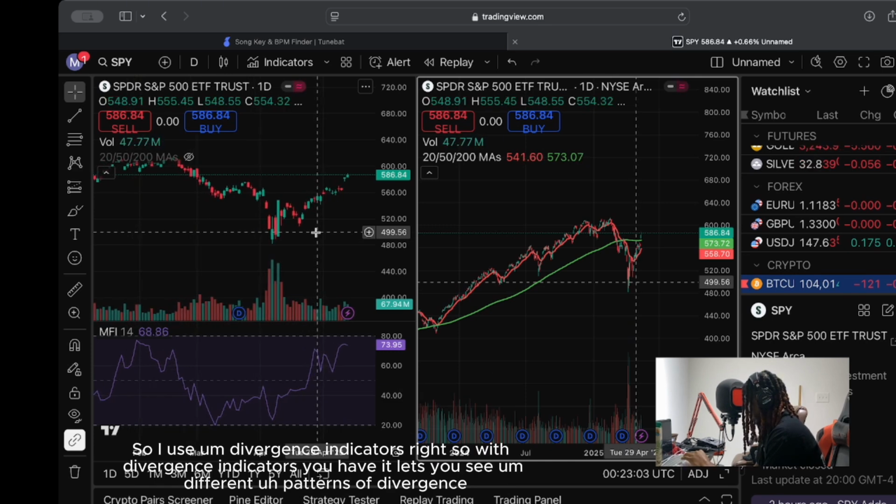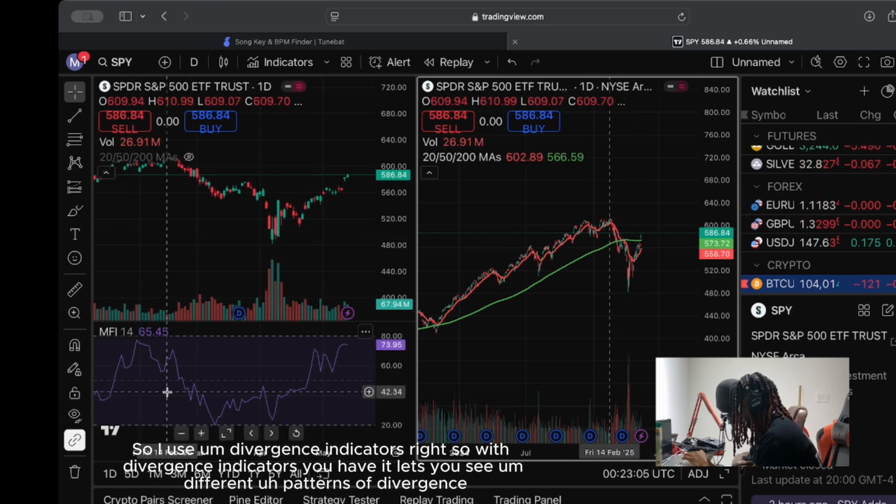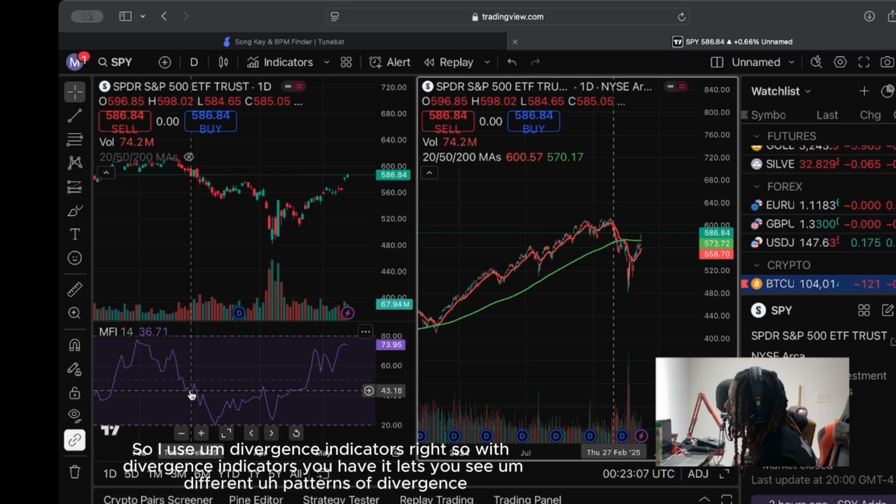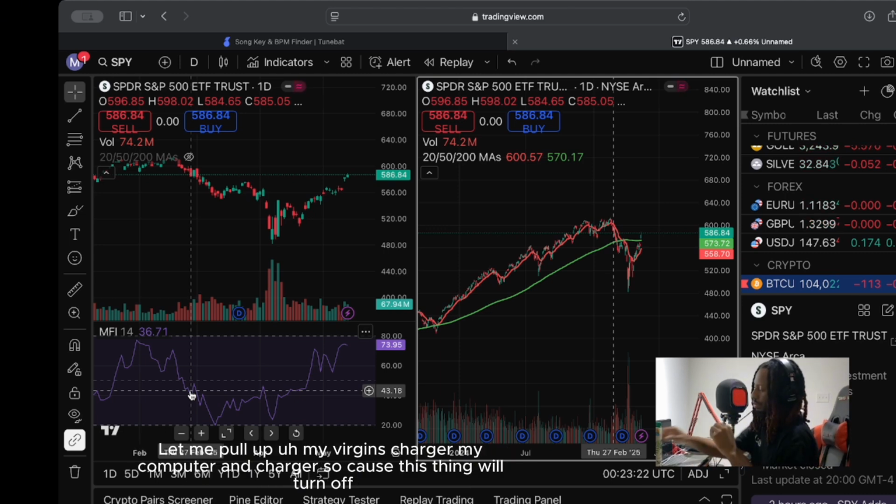So I use divergence indicators, right? With divergence indicators, you can see different patterns of divergence. Let me pull up a divergence chart.